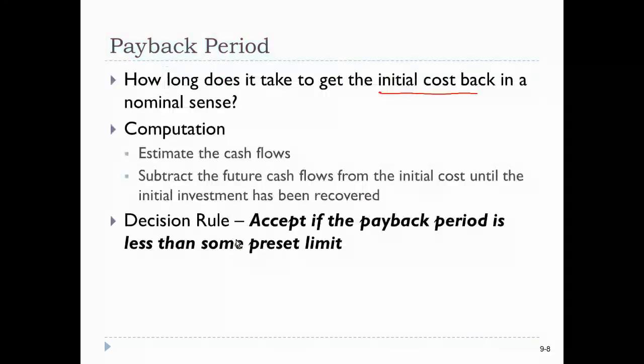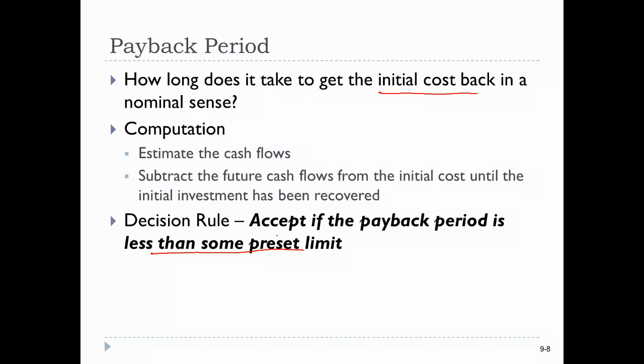I said on the previous slide that the decision rule was this: to accept the project if the payback period is less than some preset limit. We like projects with shorter paybacks. It'd be nice if we could invest $1 million today and get $2 million back tomorrow and have a very short payback. That would be great. But generally, we like to get our future cash flows back sooner rather than later.